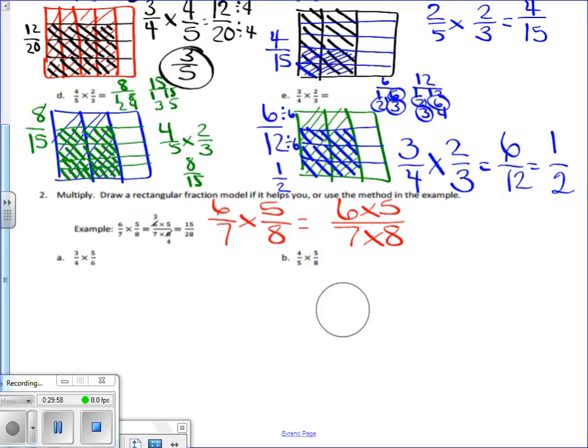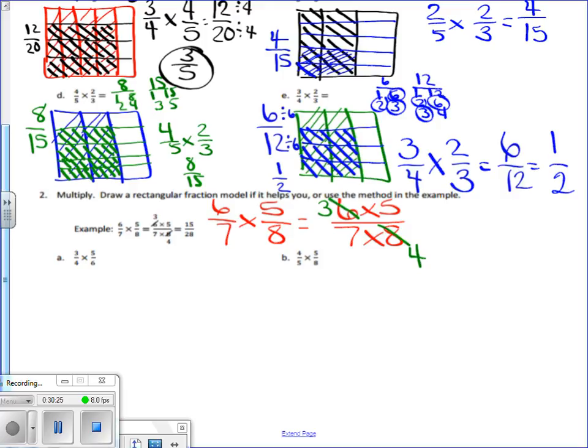So I can simplify this right here. I can say that the 6 and the 8 can both be divided by 2. So the 6 divided by 2 would be 3. The 8 divided by 2 would be 4.